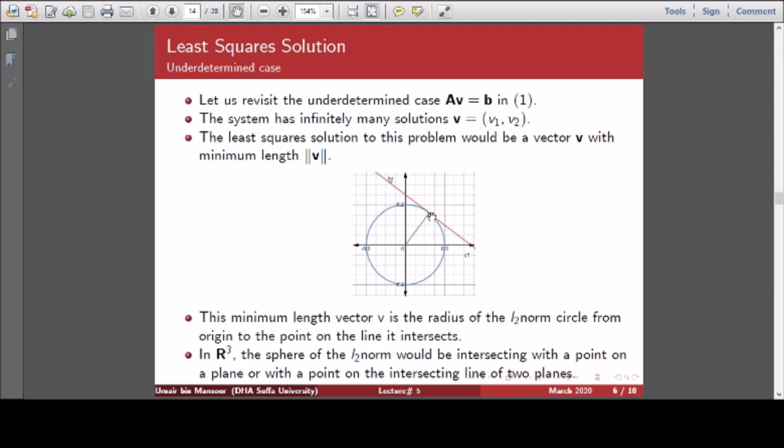So this minimum length is basically the radius of the L2 norm circle. By the way, this L2 norm or the least square solution is also perpendicular to the system.